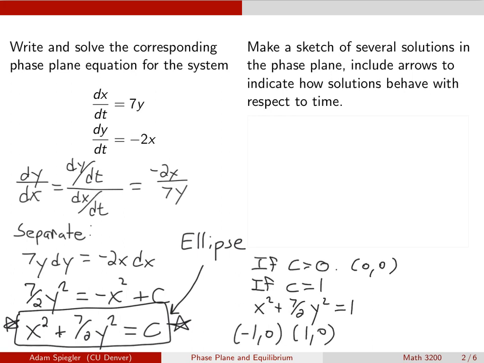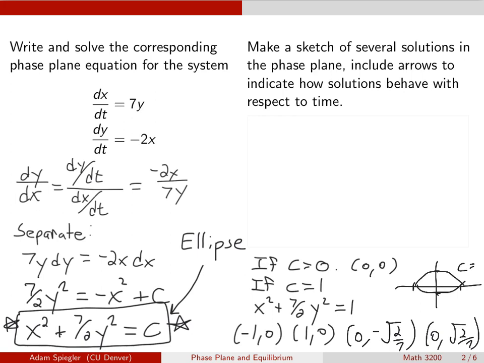If we set x equal to 0, then we find the y-intercepts at minus the square root of 2/7 and plus the square root of 2/7. Given the x and y intercepts, we can plot a very informal graph of this. The major axis goes along the x-axis, and the smaller radius would be along the y-axis.